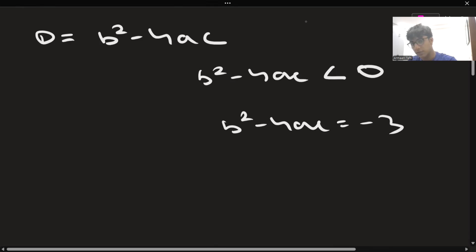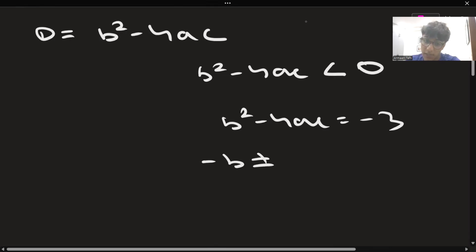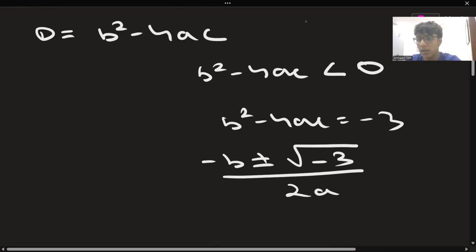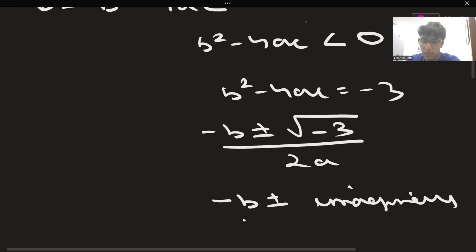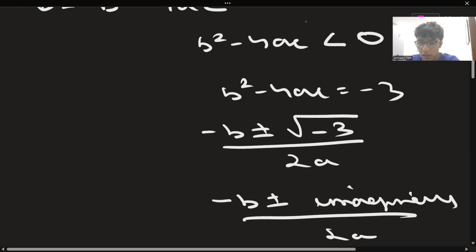Then you have minus b plus or minus the square root of negative 3, all by 2a. And the root of negative 3 gives an imaginary number. So you will never get a real solution to this, right?